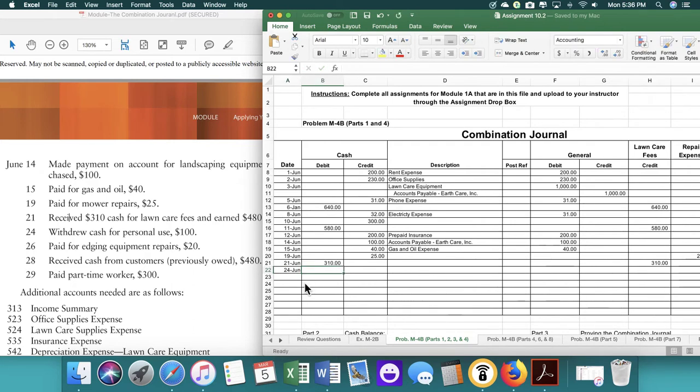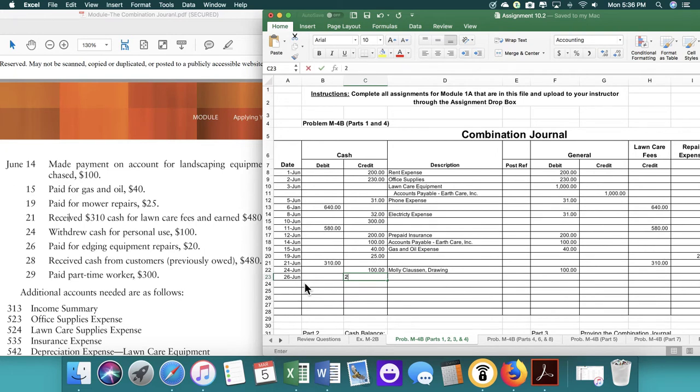So here we go. We withdrew $100 for personal cash. So we have the owner. Okay, and then on the 26th, we paid for edging repairs.